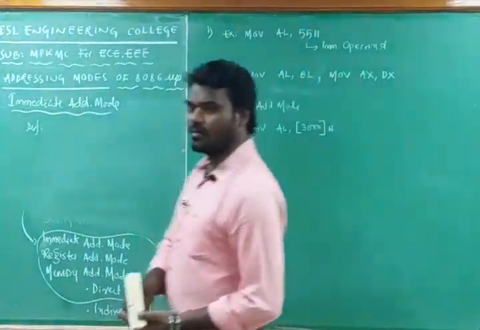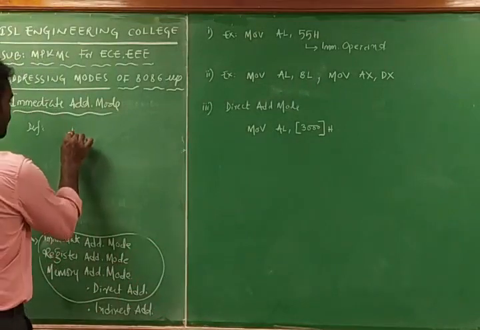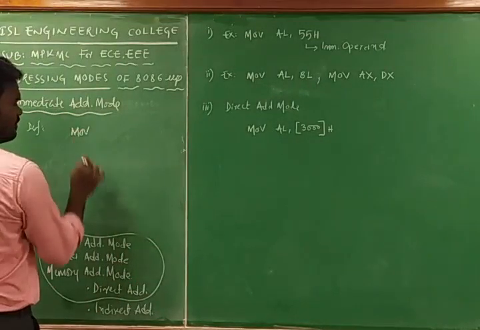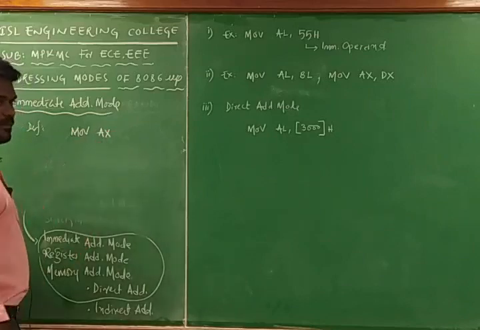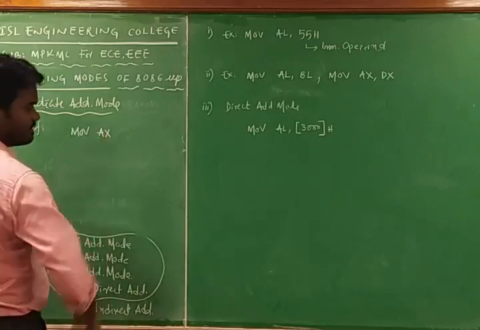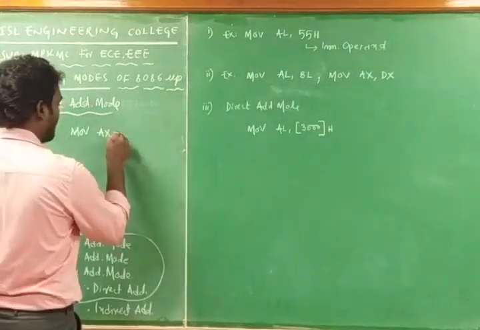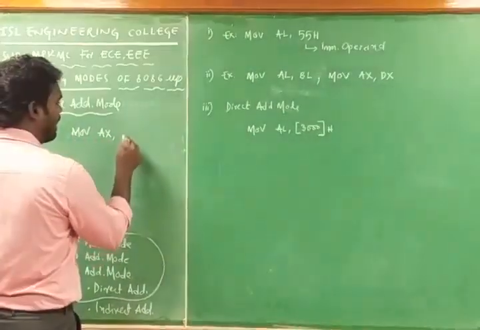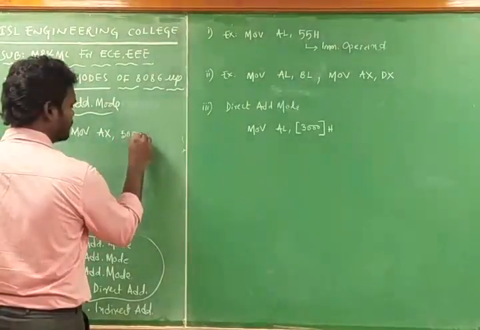Then another example I can give: MOV AX. X is a combination of the higher order byte and the lower order byte. That means AX is a 16-bit register, and it can allow 16 bits. In MOV AX, I can write 5050H.